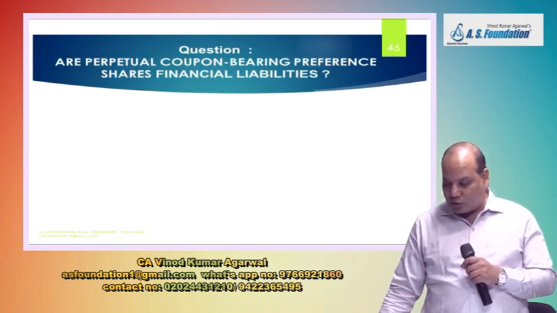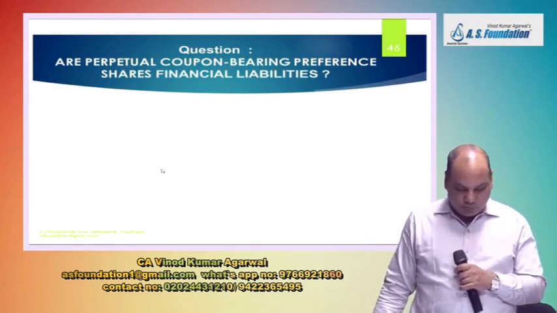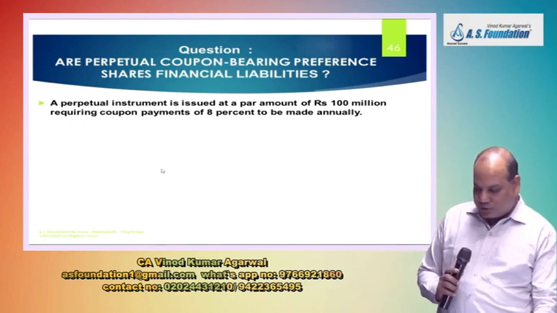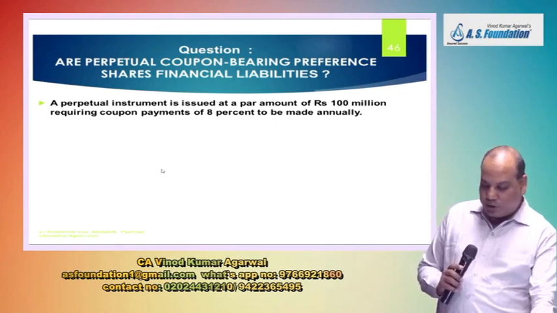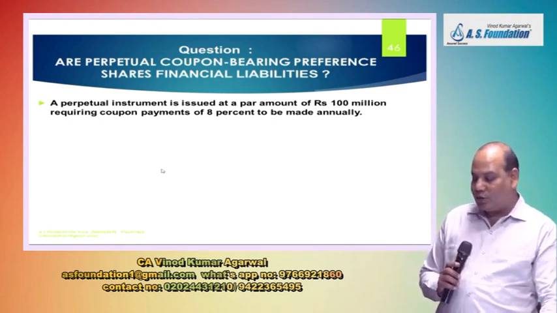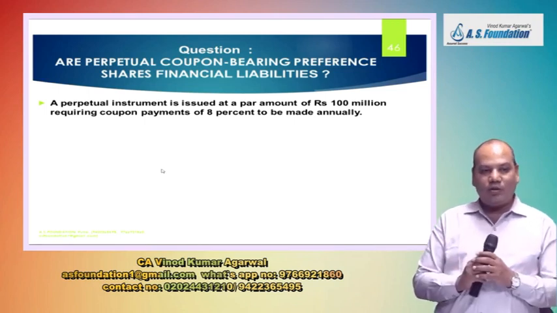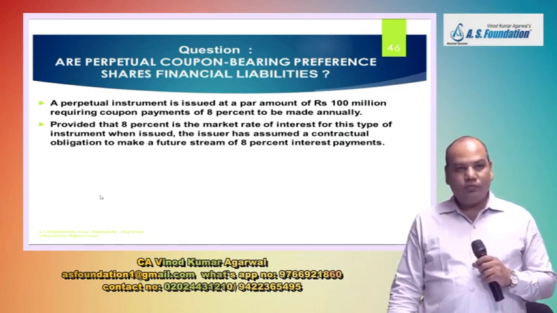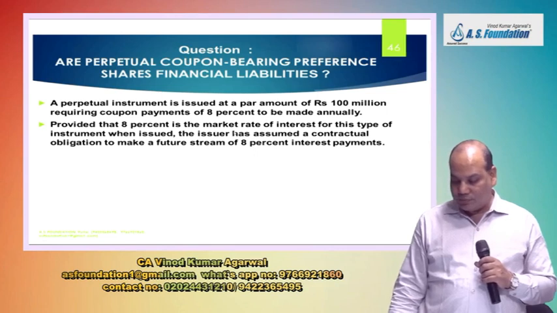Are perpetual coupon bearing preference shares financial liabilities? Same question. First you write this example, which is printed there. A perpetual instrument is issued at par amounting to rupees 100 million requiring coupon payment of 8% to be made annually. Provided that 8% is the market rate of interest.